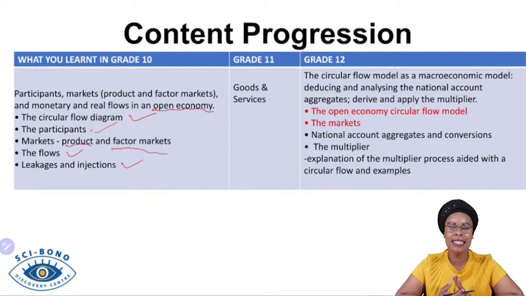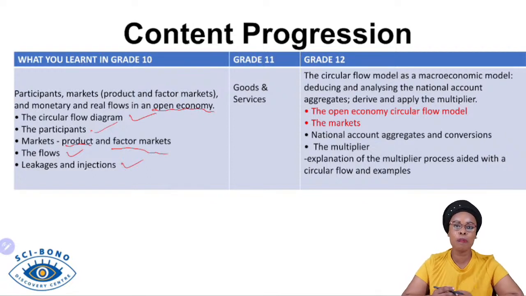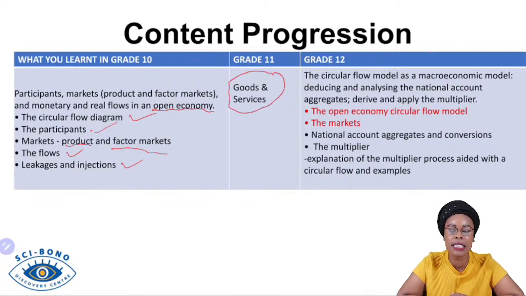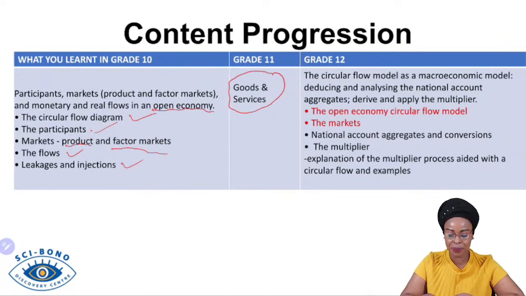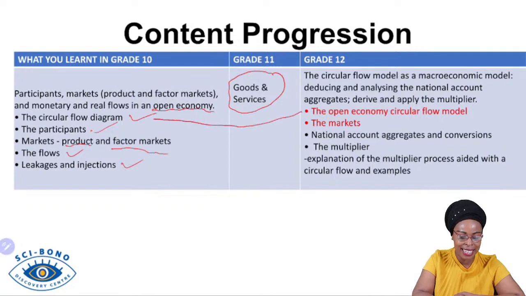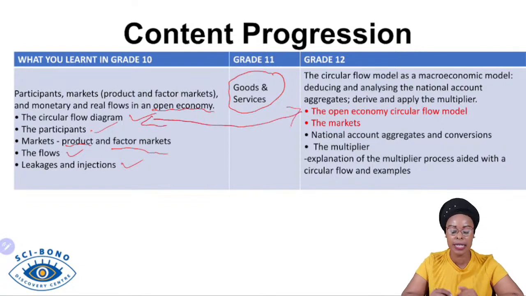In grade 11, under the topic of circular flow, you studied goods and services. You also did the calculations of GDP and GNP. Now in grade 12, the focus will still be the circular flow, an open economy circular flow, just like in grade 10.